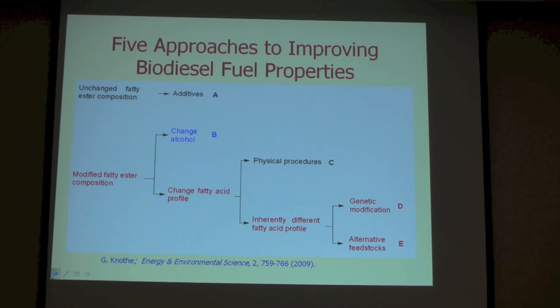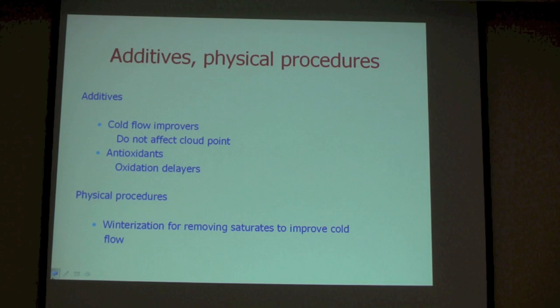So you can change the alcohol too. Or change the fatty acid profile through physical procedures. Or you can have an inherently different fatty acid profile, either through using alternative feedstocks or genetic modification of existing feedstocks. Next slide, please.